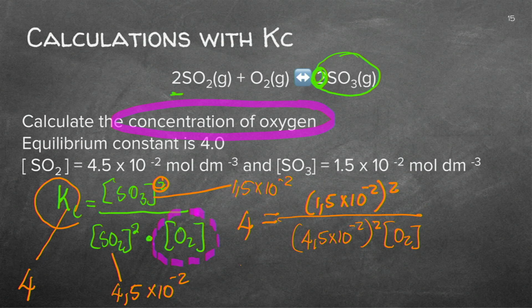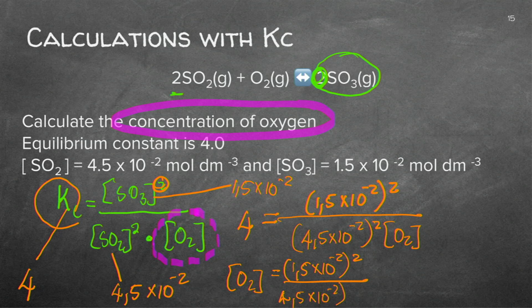Now, if I take the O2 up that way, it will be 1.5 times 10 to the minus 2 square, over 4.5 times 10 to the minus 2 square, multiplied with that 4. And if you have a look, you'll now find an answer of 2.78 times 10 to the minus 2 mole per cubic decimeter.